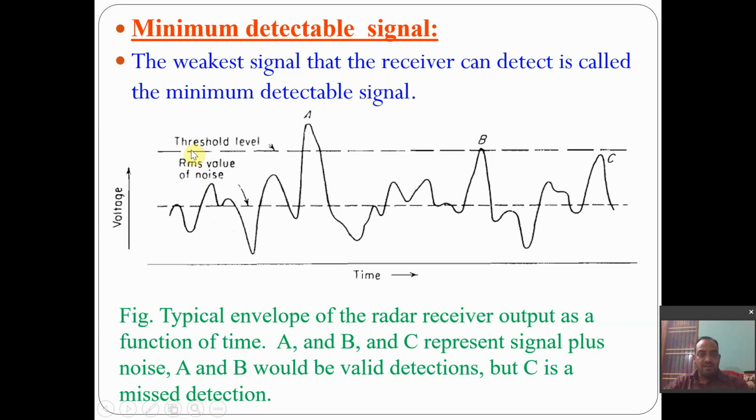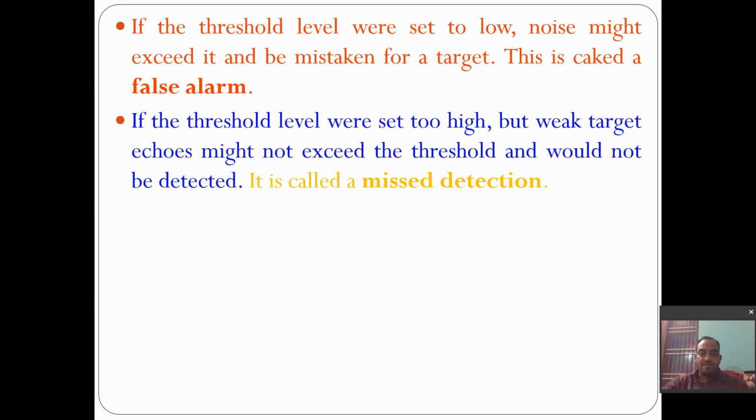If the threshold level is set too low, then along with the signal many noise signals will appear above the threshold level, causing confusion in the operator's mind about which is the target. So the threshold level should not be too low. If it is too low, noise will come. This is called a false alarm.